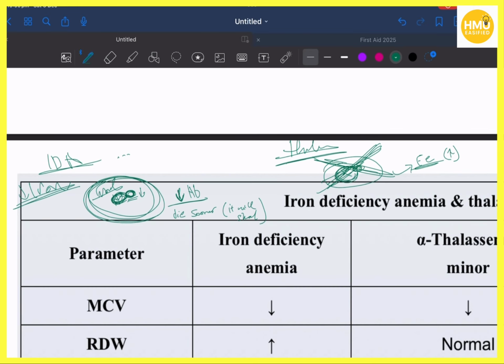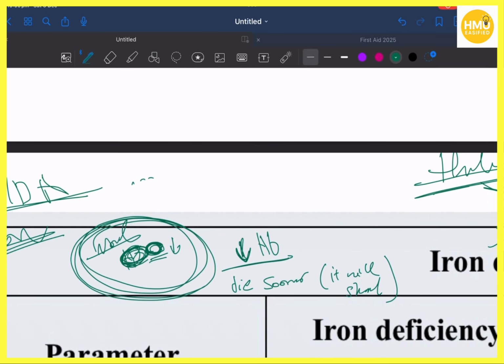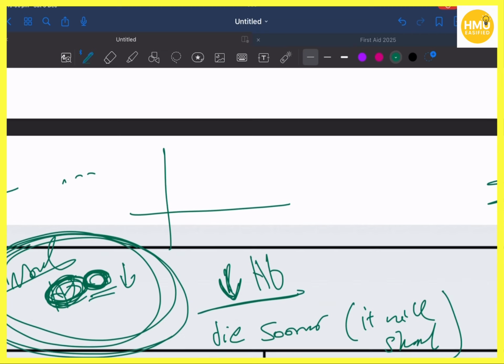Now, I want you to keep in mind there's a huge difference between them. In iron deficiency anemia, the issue is with iron, which is dietary and fluctuating throughout the day. Although these patients have very low iron, sometimes they will consume iron in their diet.